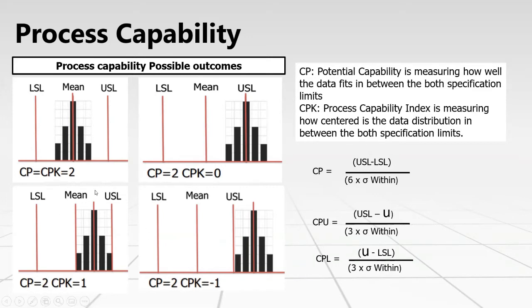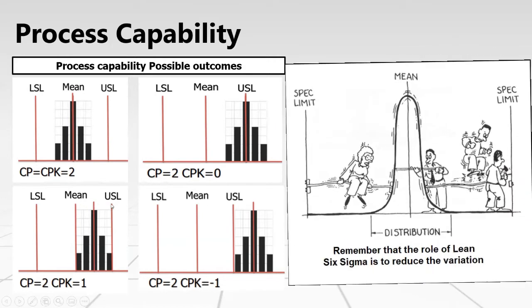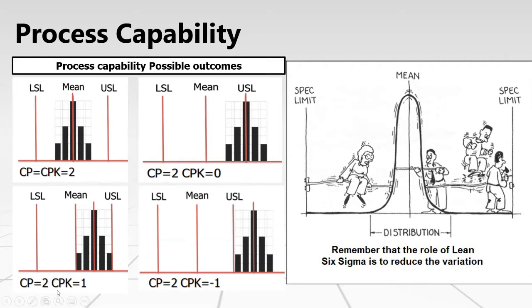In the third scenario, the actual mean of the data distribution shifted from the target mean and became located in the center between the mean and the upper specification limit. Then we will have the potential capability remaining 2 because the range didn't change, while the CPK became 1. Why?